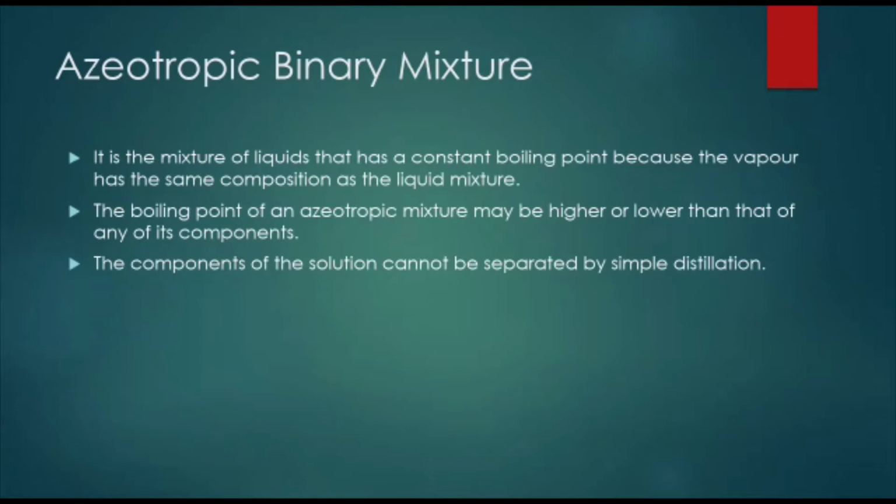Now it is the last topic of this video, the azeotropic binary mixture. So what is an azeotropic binary mixture? It is simply a mixture of two liquids that has a constant boiling point because the vapor has the same composition as the liquid mixture.